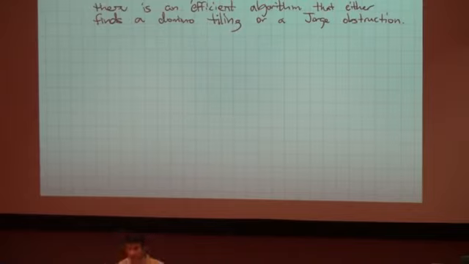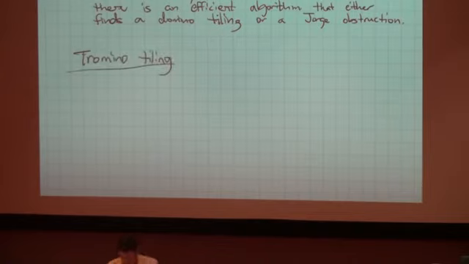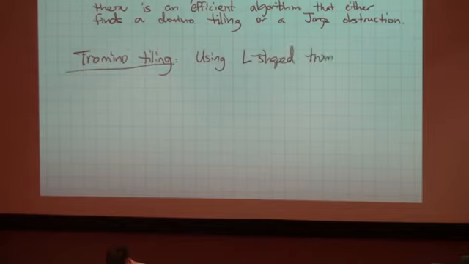To illustrate the subtle distinction between easy and hard computational problems, let's now talk about trombino tiling. Okay, so using L-shaped trombinos, a trombino is like a domino with 3 squares.